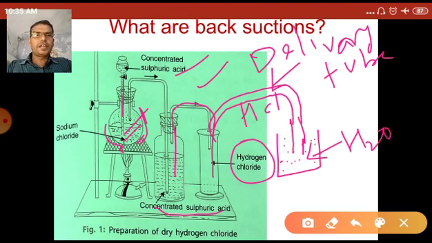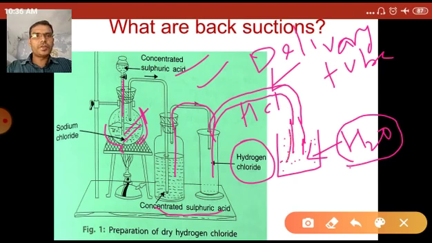Now when the hydrogen chloride gas passes directly into the water through a delivery tube, as you know, the hydrogen chloride gas is highly soluble in the water. So the rate of dissolution of the hydrogen chloride gas into the water is much faster than its formation.